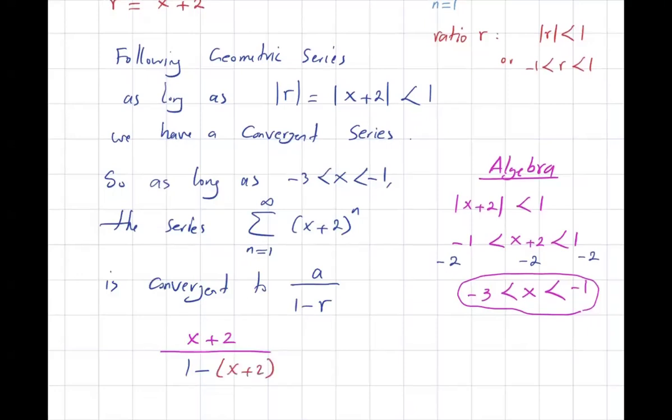So let us simplify it now. This becomes x plus 2 divided by 1 minus x minus 2, or x plus 2 divided by -x minus 1. So let's summarize this.